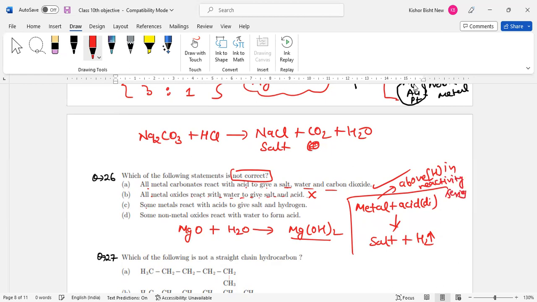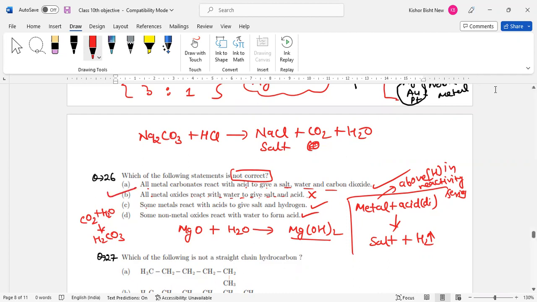So this is also a correct statement. Some non-metal oxides react with water to form acid. Yes, like CO2 plus water forms carbonic acid, H2CO3. It is written as some, not all. So which one is not correct? Not correct is B. So the answer is B.